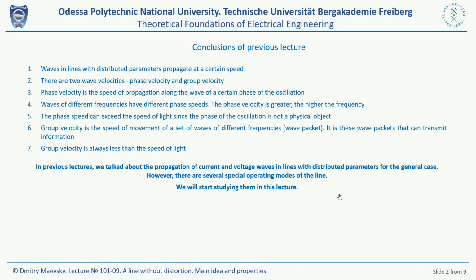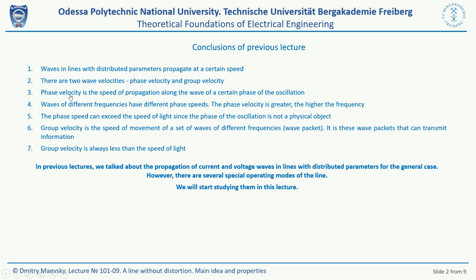In the previous lecture, we studied the speed of propagation of voltage and current waves in a line with distributed parameters. We learned about the existence of two types of propagation speed, phase velocity and group velocity.